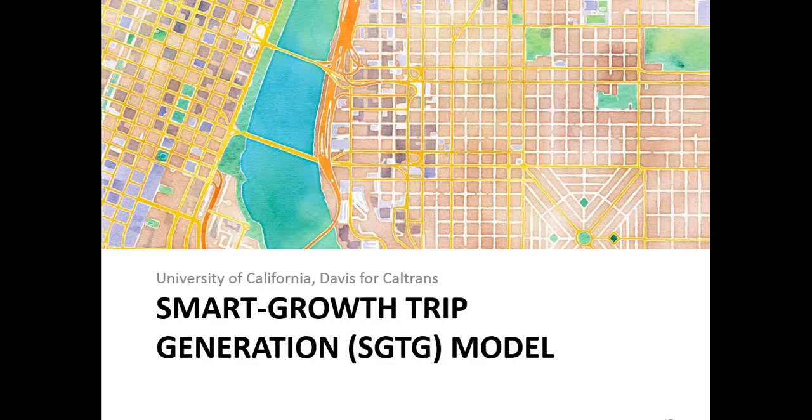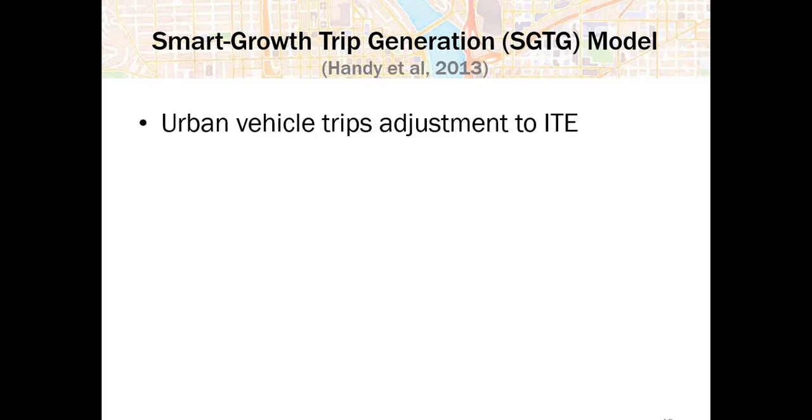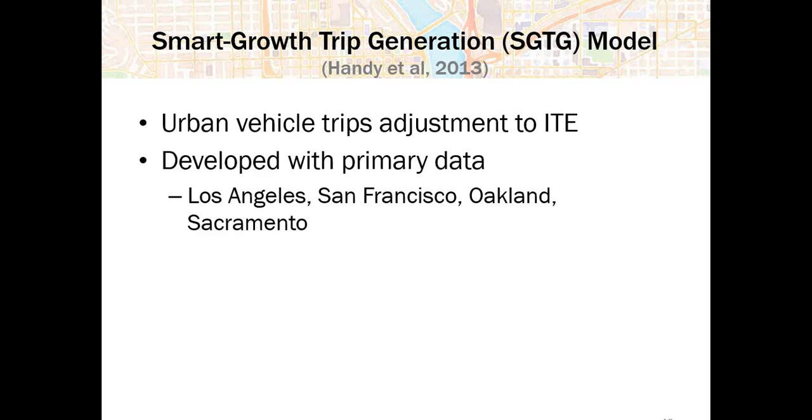So the next method I'm talking about is the Smart Growth Trip Generation model from UC Davis. This model is similar to the first one in that it is an urban adjustment to ITE, but instead of adjusting the vehicle trip rate, this method actually adjusts the total number of vehicle trips estimated. The variable there is a little bit different.